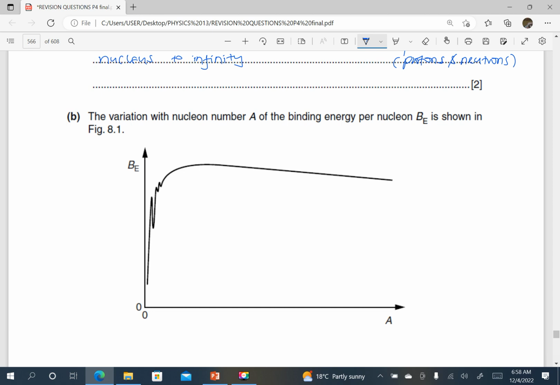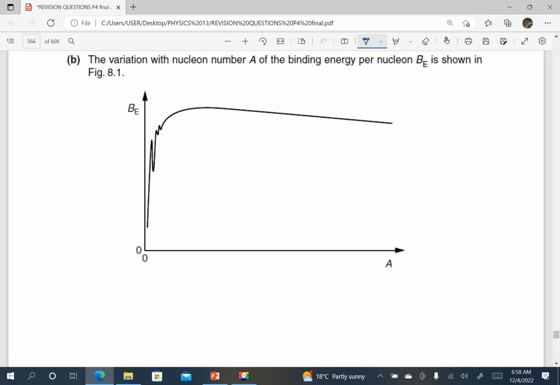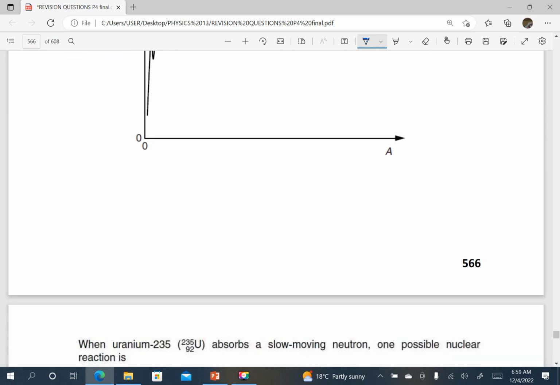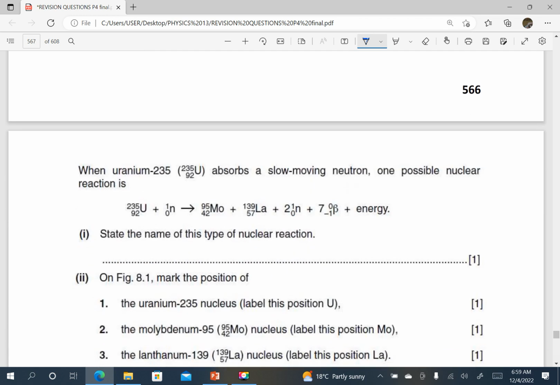The variation with the nucleon number A of the binding energy per nucleon Be is shown in the figure here. So we have binding energy per nucleon Be against the nucleon number. Okay. When uranium absorbs a slow-moving neutron, one possible reaction is uranium.